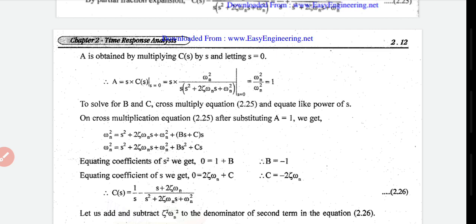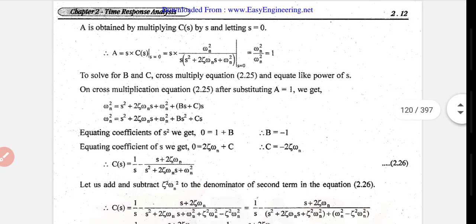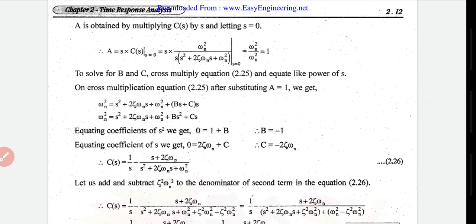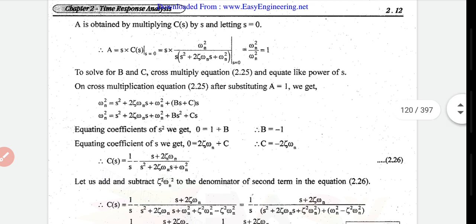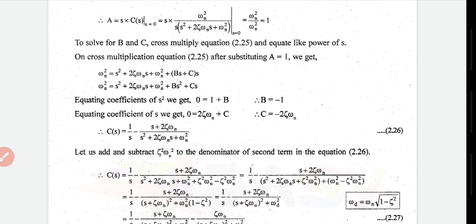And after that, equating coefficients of S, what are the coefficients of S on the LHS side? 0. On the RHS side, 2 zeta omega n plus B, plus C. Okay, 2 zeta omega n plus C is equal to 0. Now C is equal to, what is the value? -2 zeta omega n. So now you know the values of B and C. After getting B and C, substitute the values of B and C in the above equation.